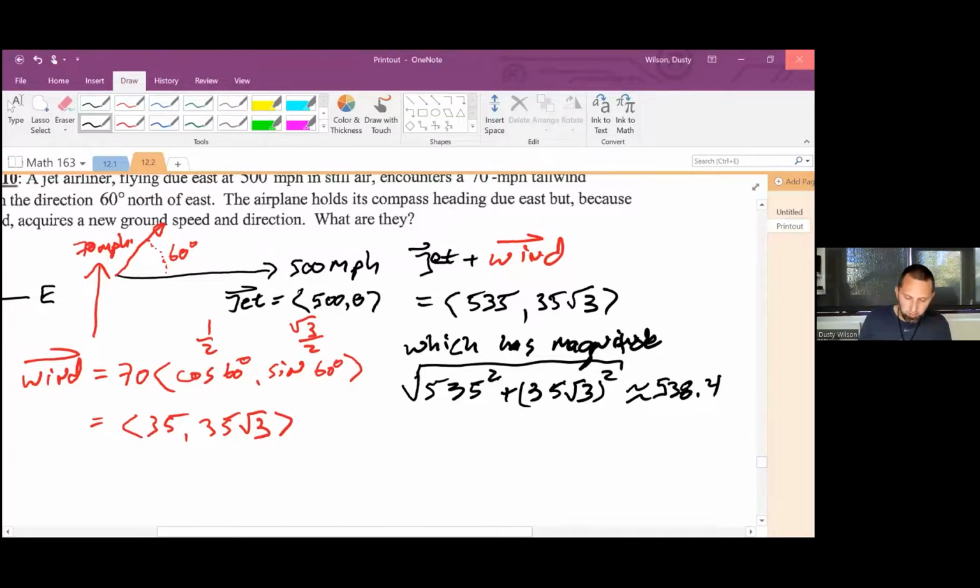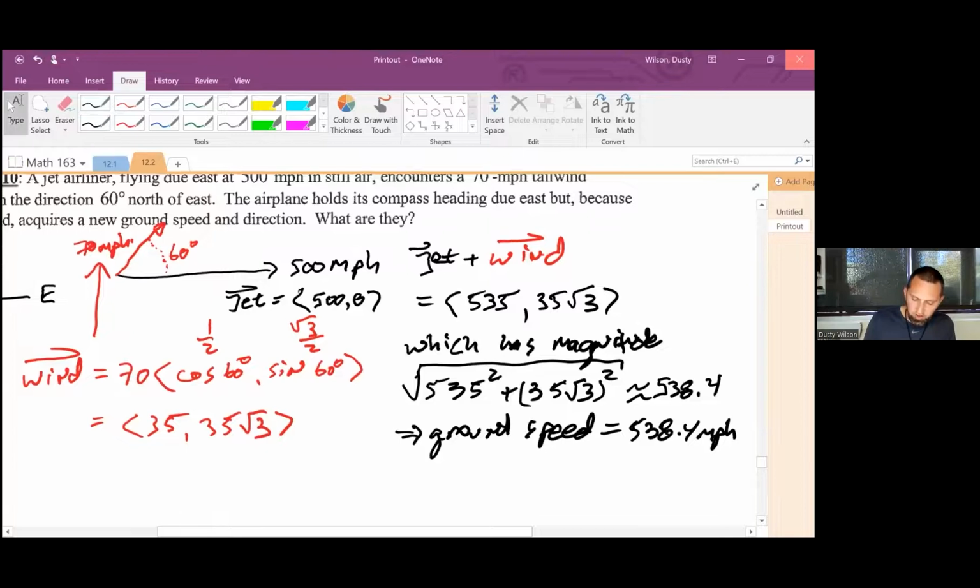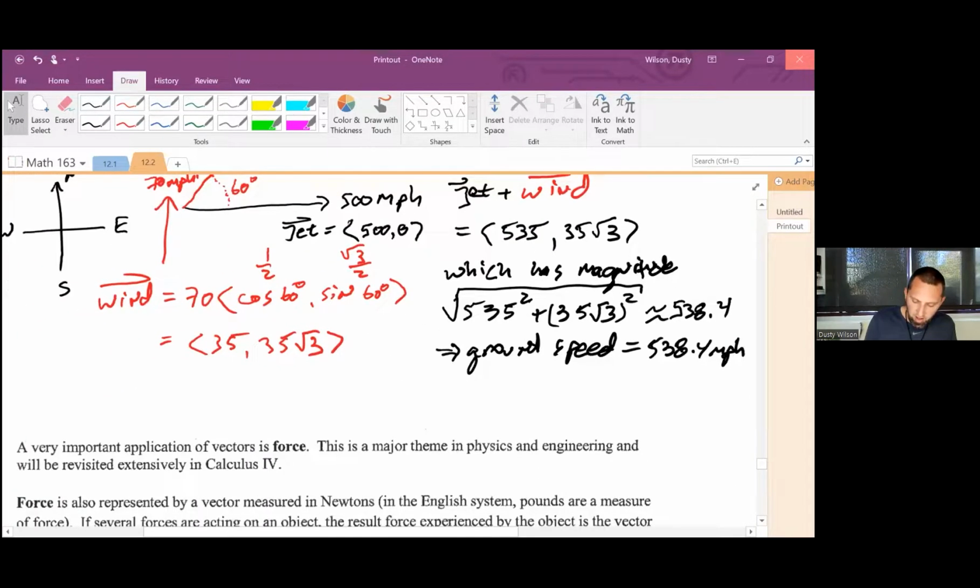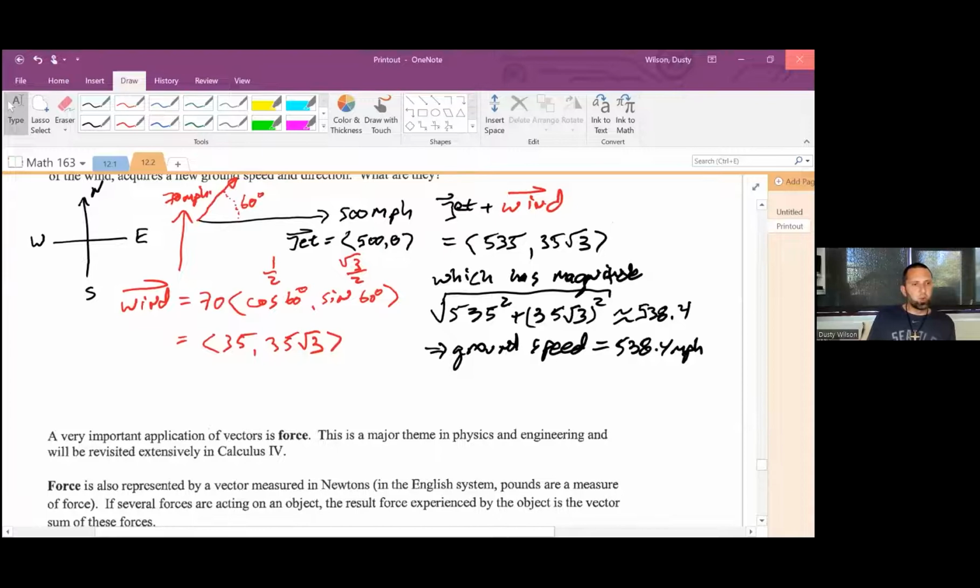So this means that the ground speed equals this, 538.4 miles per hour.